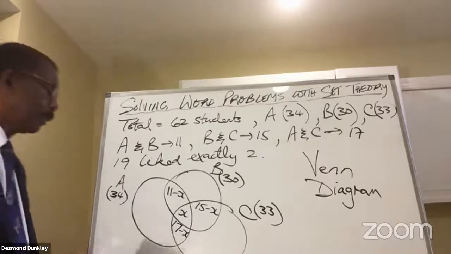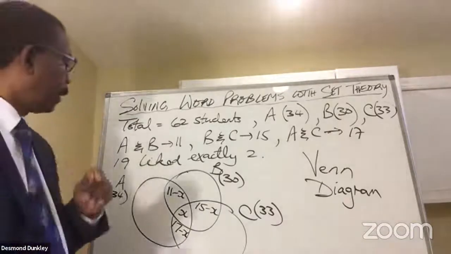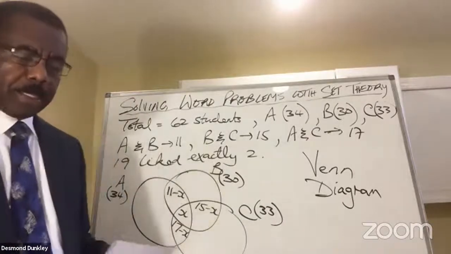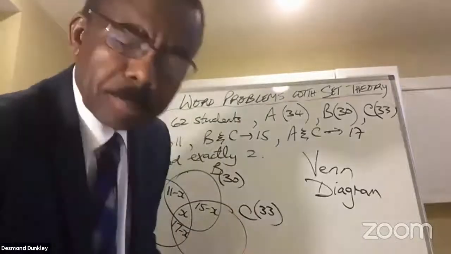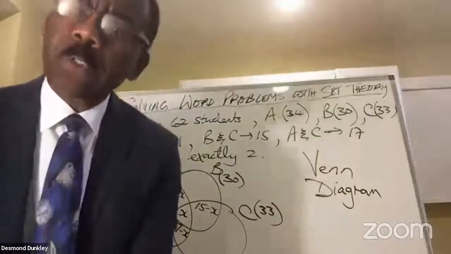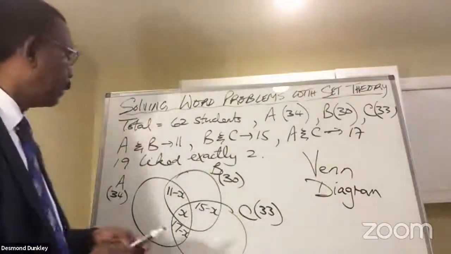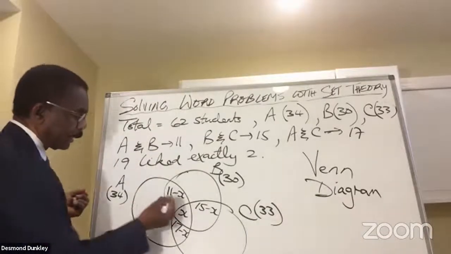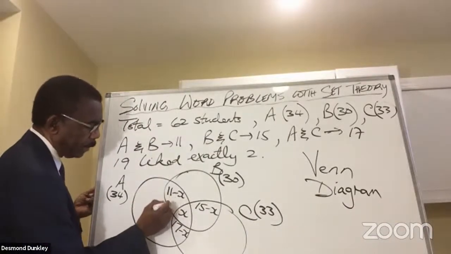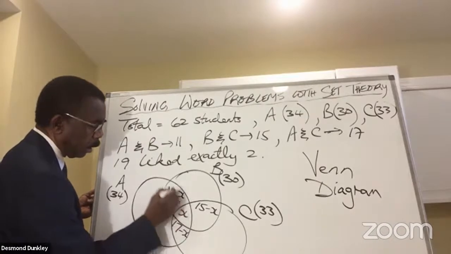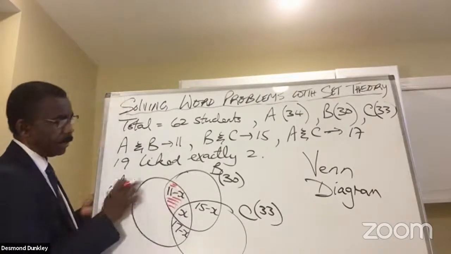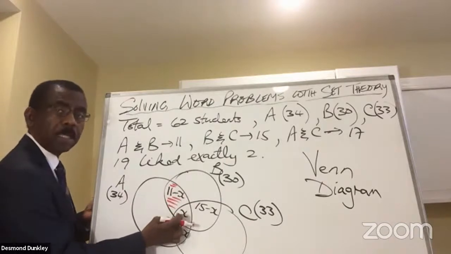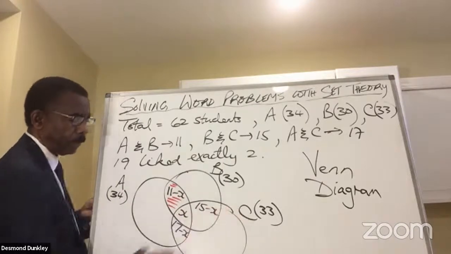And they tell you that 19 like exactly 2 fruits. So what area deals with only 2 fruits? Only 2 fruits. 19 like exactly 2. So this area right here represents apricot and bananas only. It does not overlap with cantaloupes.